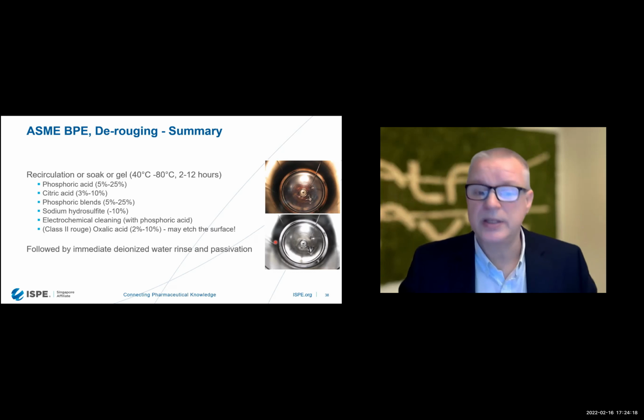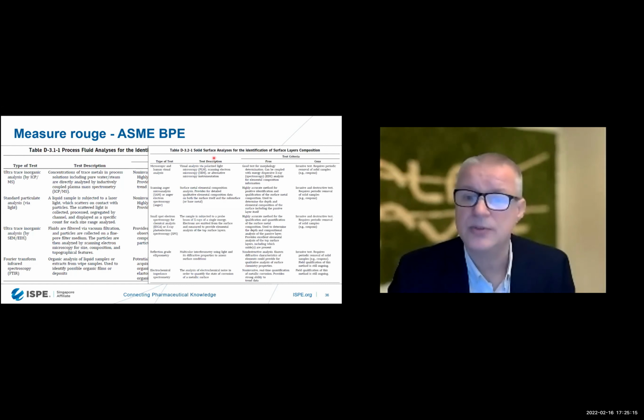It's measuring on surface analysis and not process fluid analysis, because process fluid analysis can be good, but it only gives an indication. It doesn't give exact figures on how much rouge you have in the system, while the solid surface analysis does.